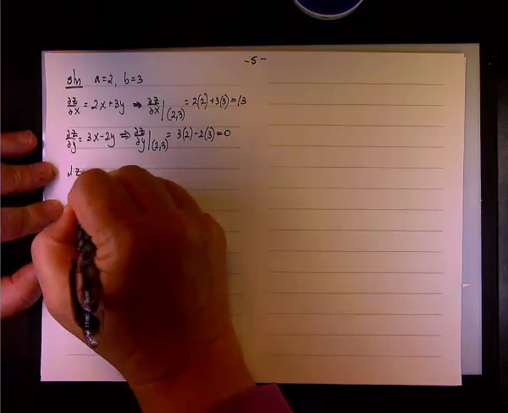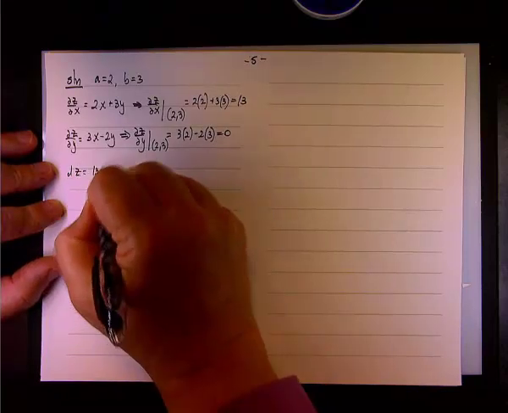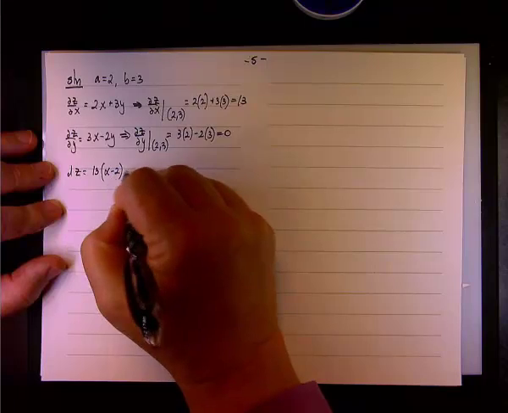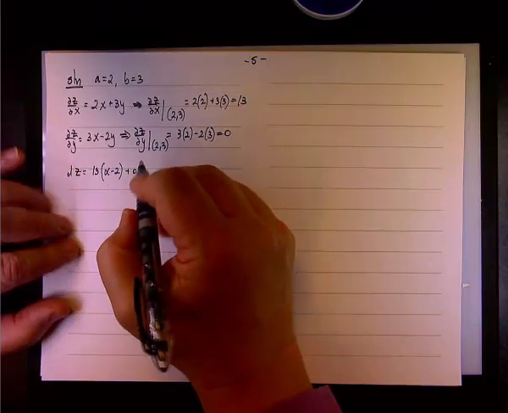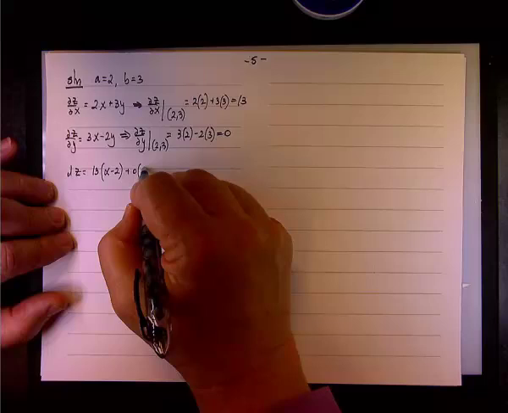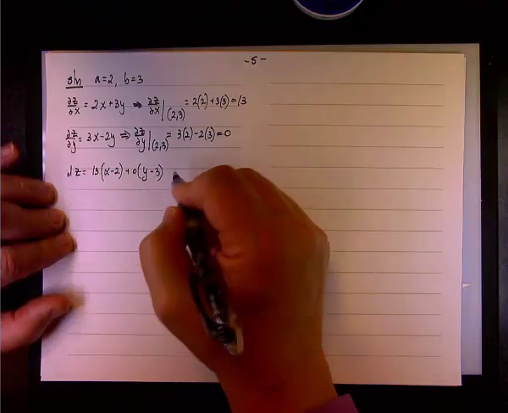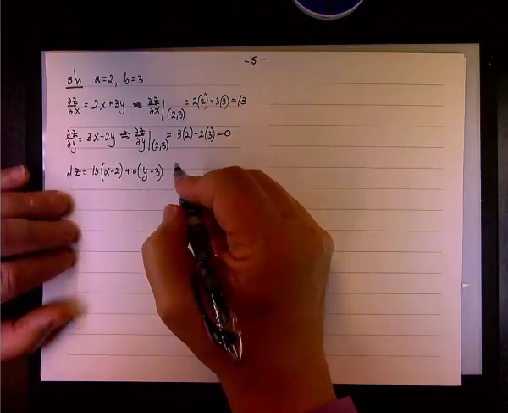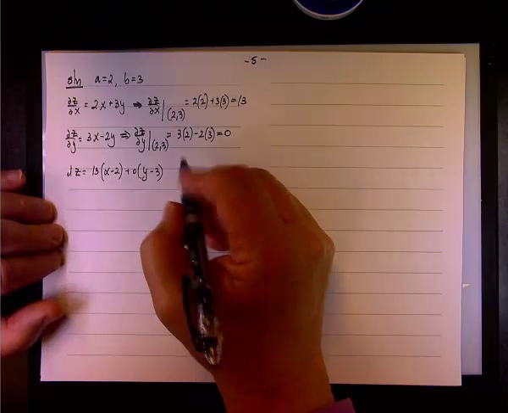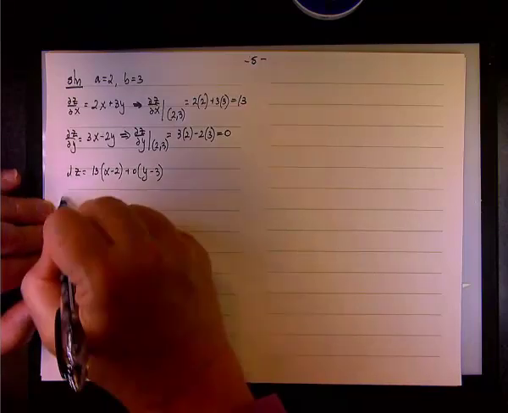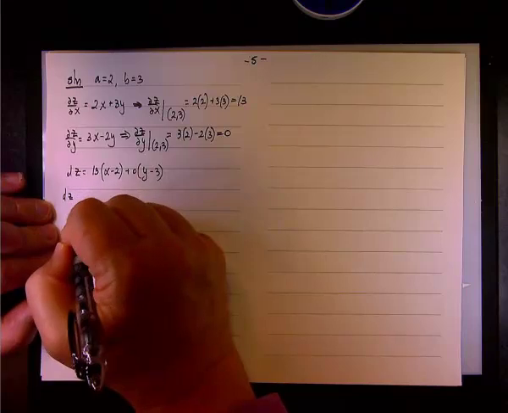Okay? So dz equals 13 times (x minus 2) plus 0 times (y minus 3).